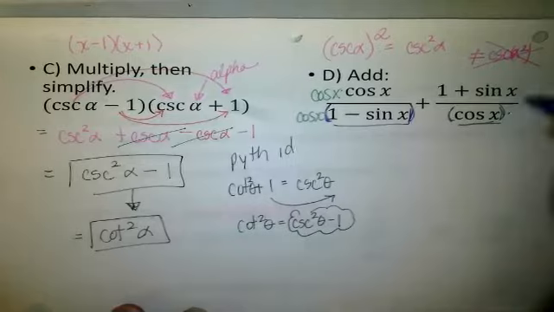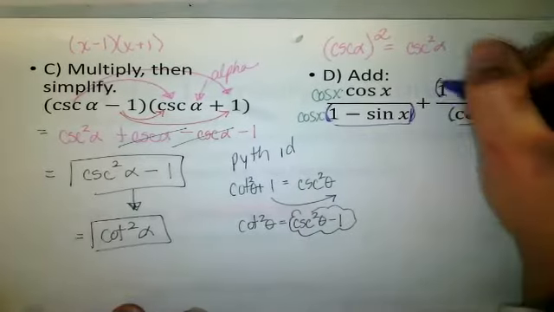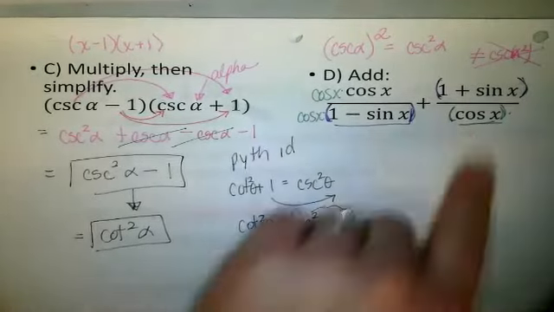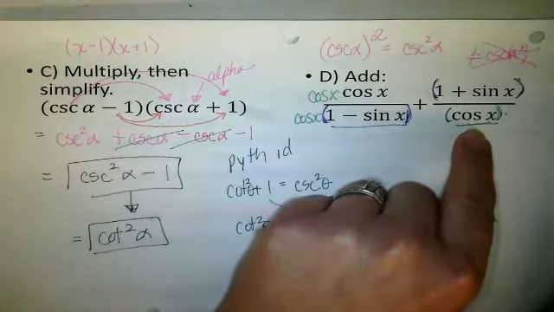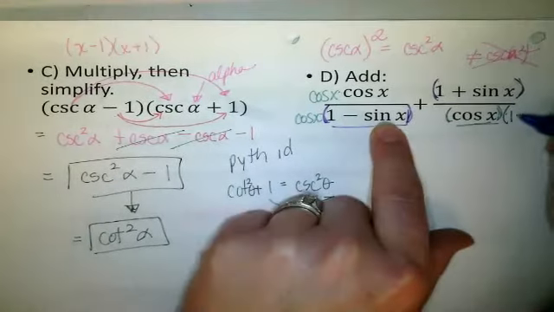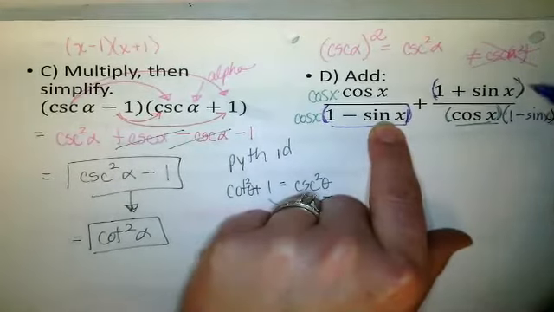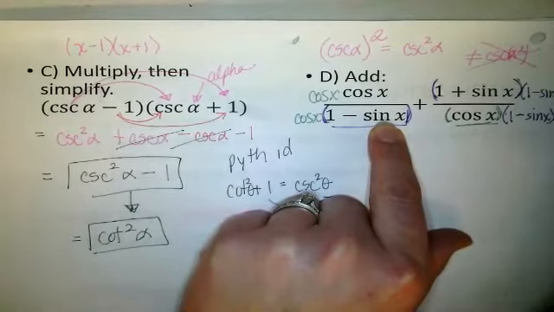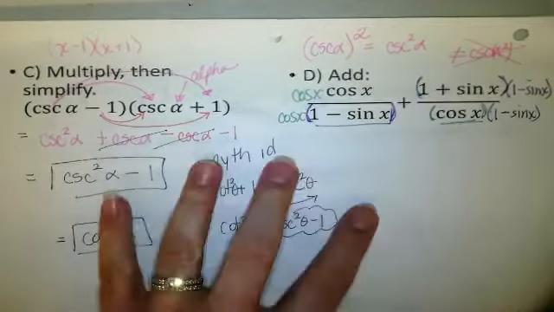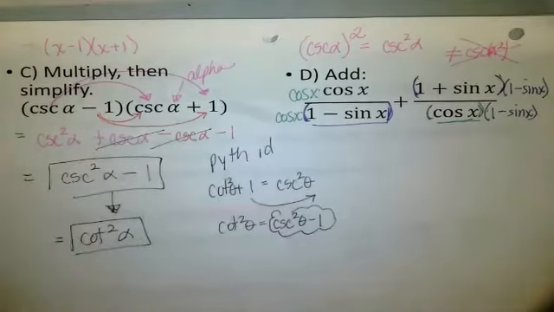And what does the second fraction need? 1 minus the sine of x. Again, on top and bottom. Be careful when you're doing this today because it's different in the homework.